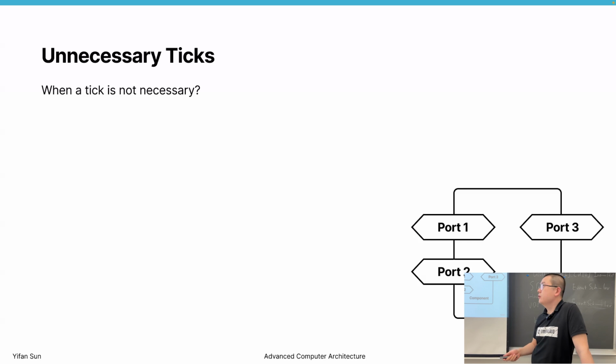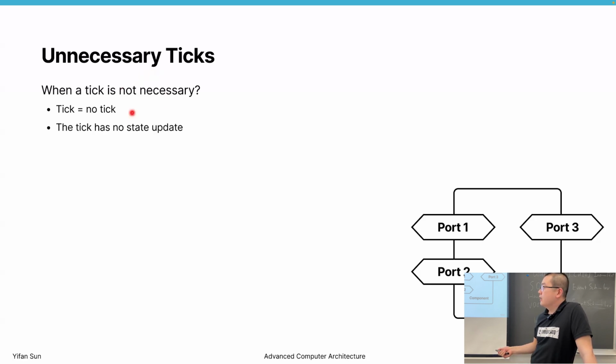So what are not useful ticks? One tick is not necessary whenever the global state will be the same if you tick and not tick. In this case, we can safely say this tick is not necessary and we can skip this tick, right?